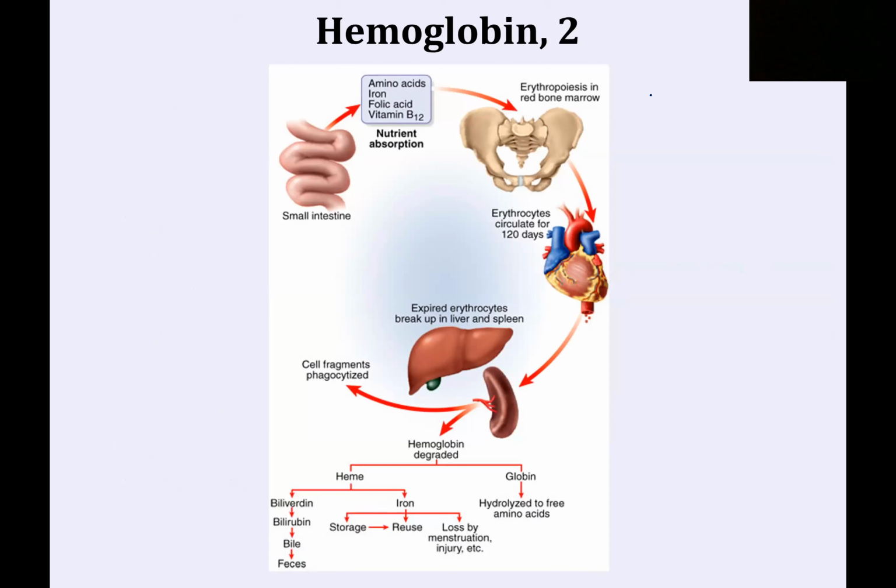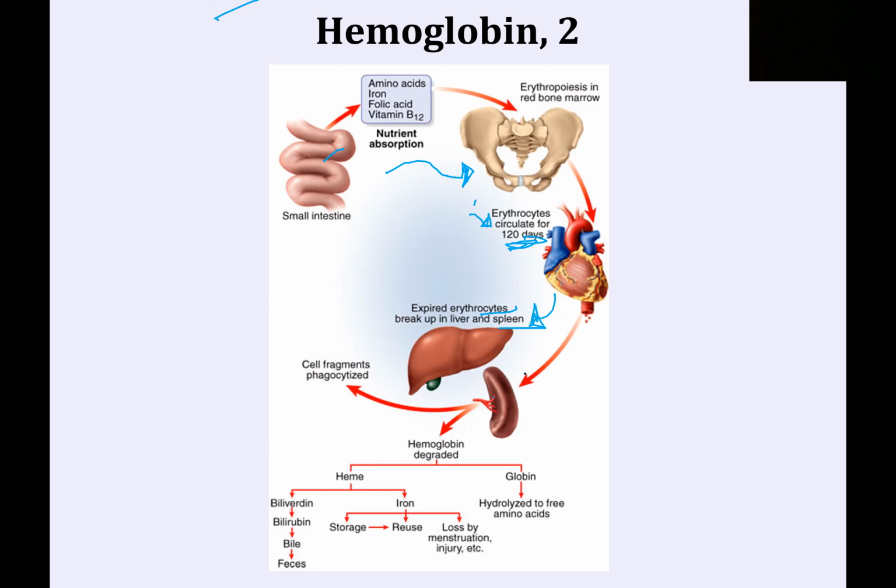Here you see a breakdown. Here we go. So nutrients absorbed from eating, triggering hemopoiesis, erythropoiesis in the bone marrow. Erythrocytes circulate for about 120 days. And that used to be the guidelines for donating blood.